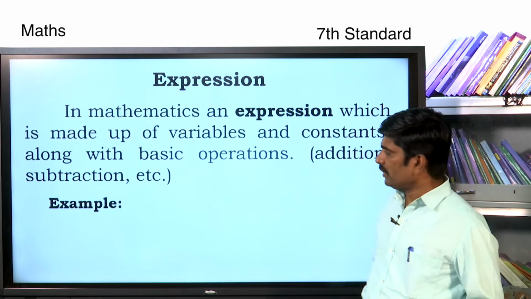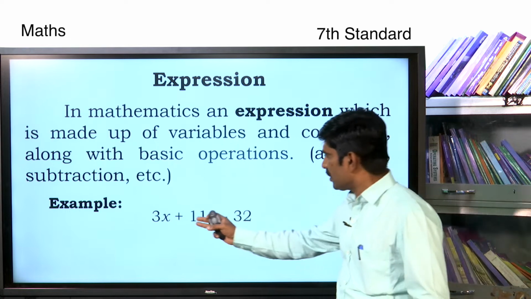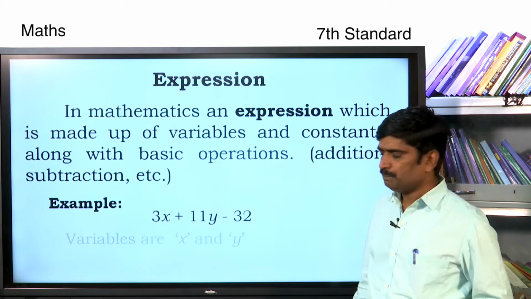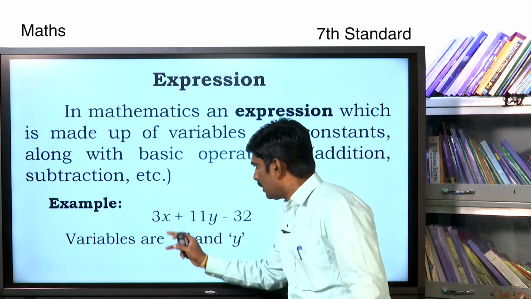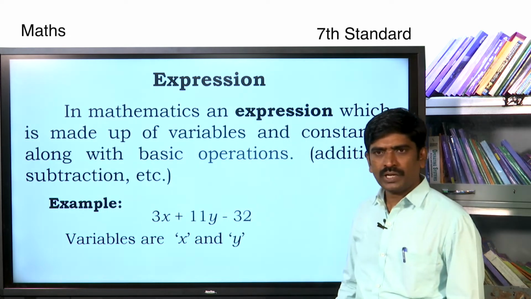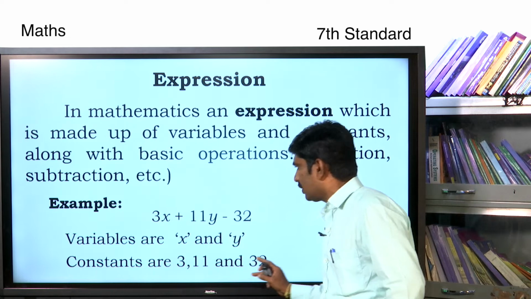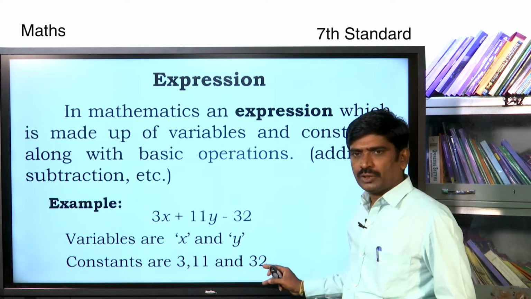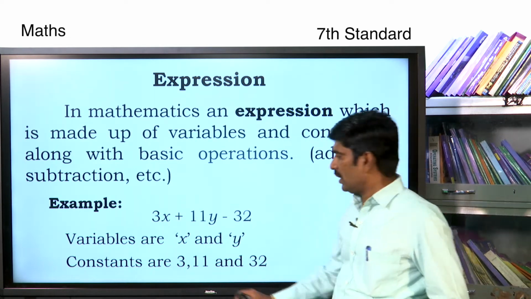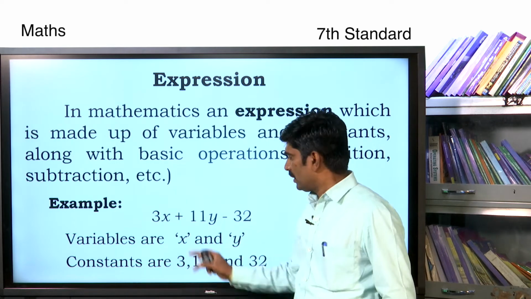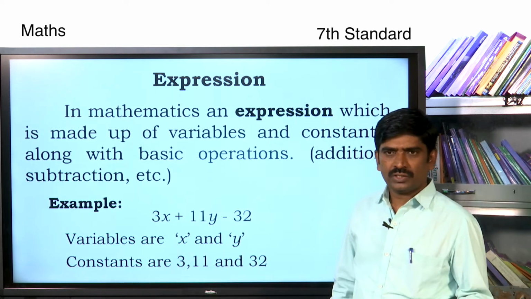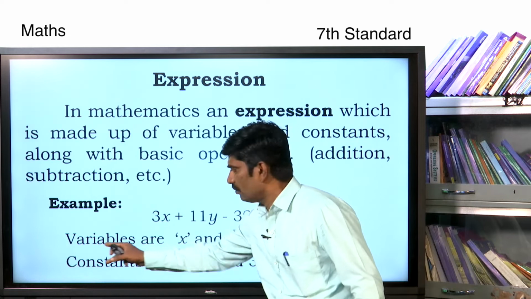One example: in this expression the variables are x and y, and the constants are 3, 11 and 32. 3, 11 and 32 are fixed values, that is why they are called constants, but the values of x and y are not fixed, that is why they are variables.